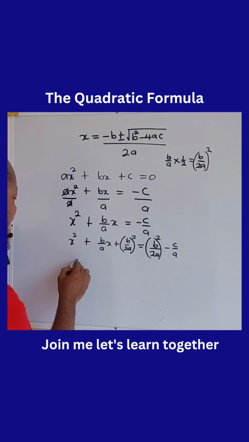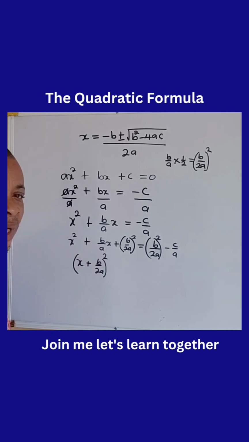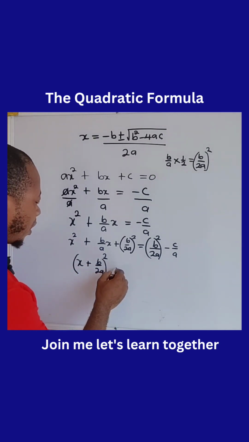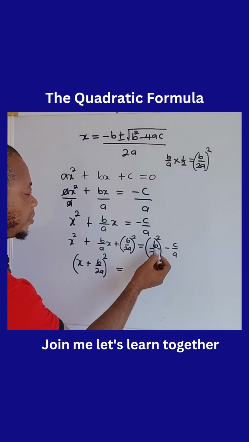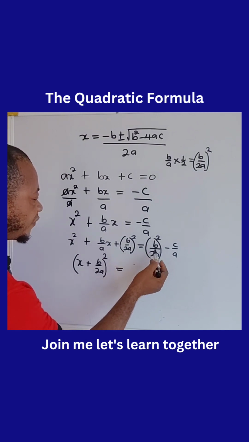So we will now have x plus b over 2a. Since both of them are squared, we can group them together and give them only one square, equals b squared. We can open the brackets by squaring all of them in brackets.